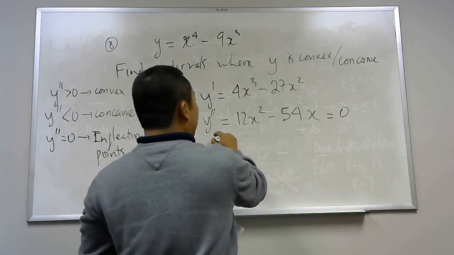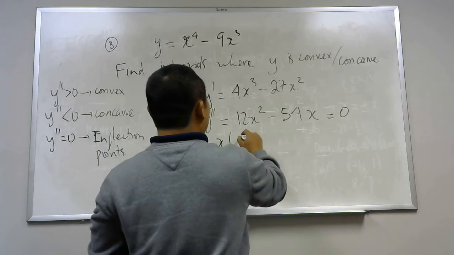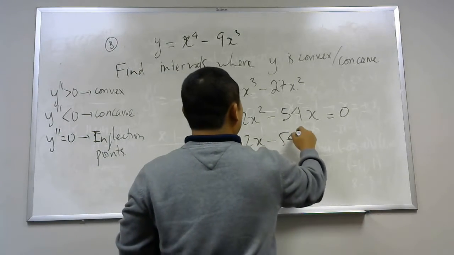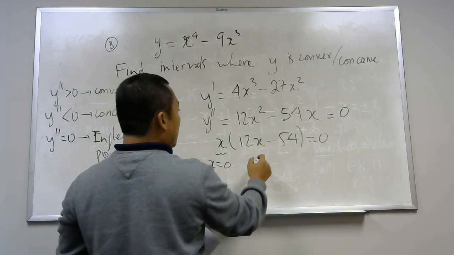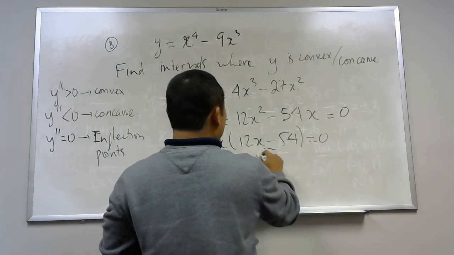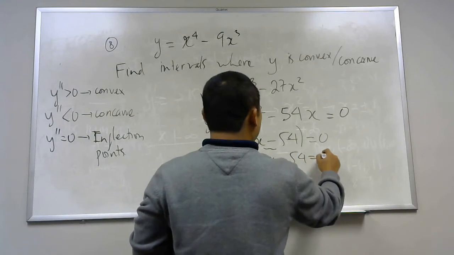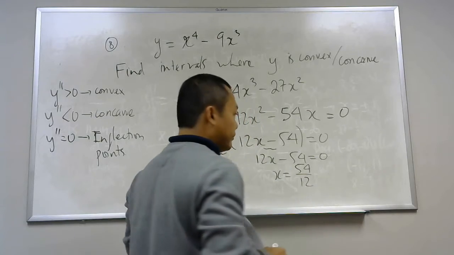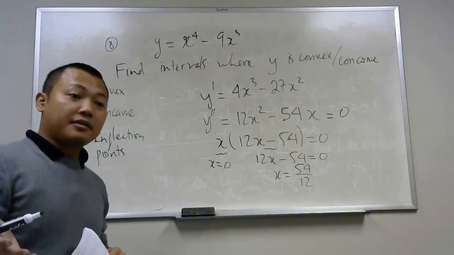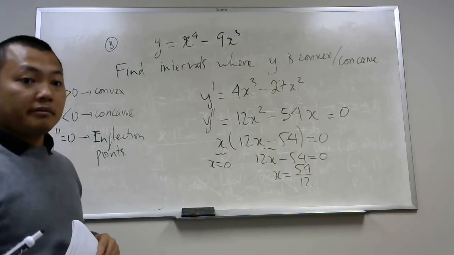From here, I have x or 12x minus 54 equal to 0. So x is 0 or 12x minus 54 equal to 0, or x equal to 54 over 12. So the function has 2 inflection points.